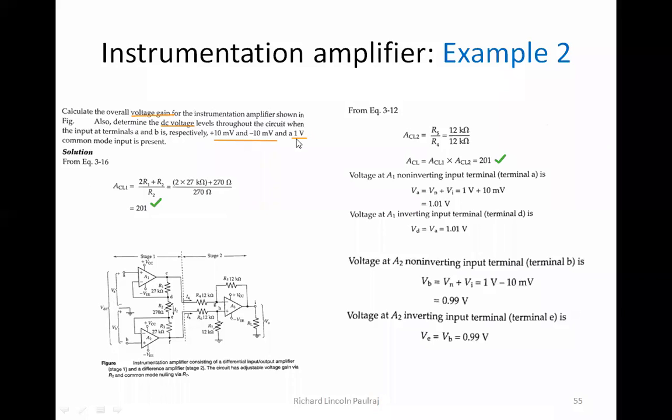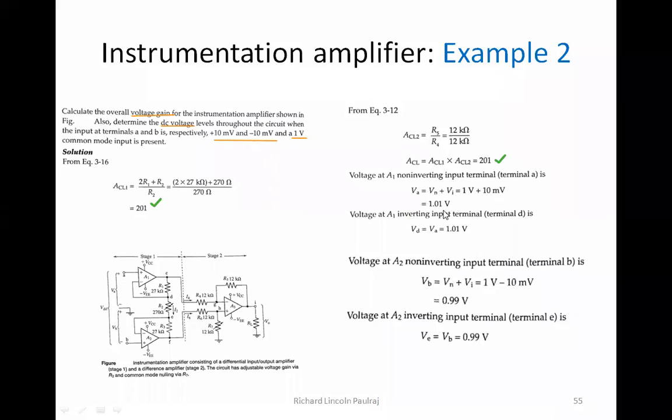So the question told us that along with this, there is a 1 volt common mode input also. So VA becomes VN plus VI. So VI here is about 10 millivolts, right? We're giving plus 10 millivolts, and it has 1 volt common. So I add them together.